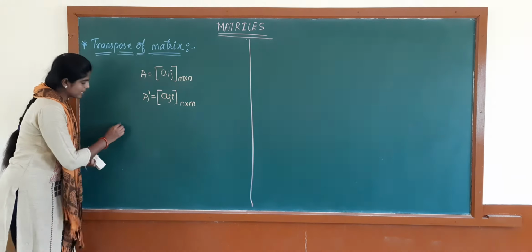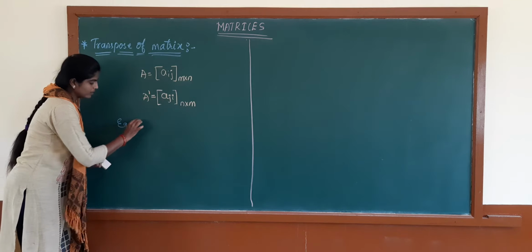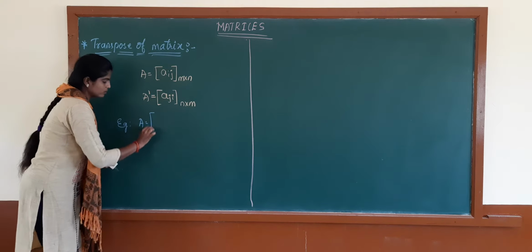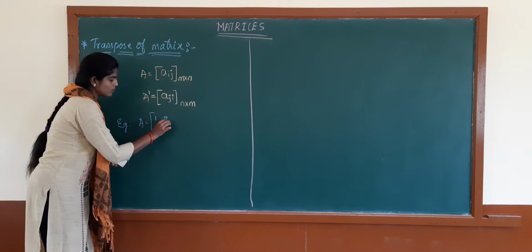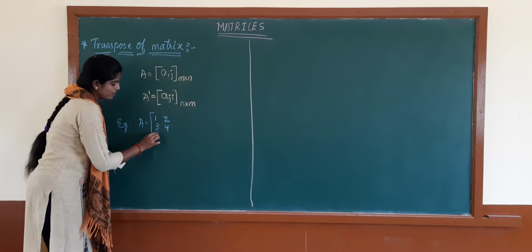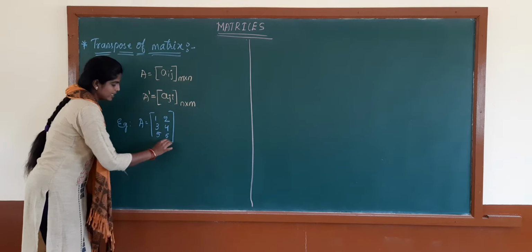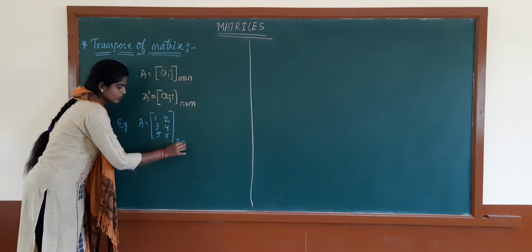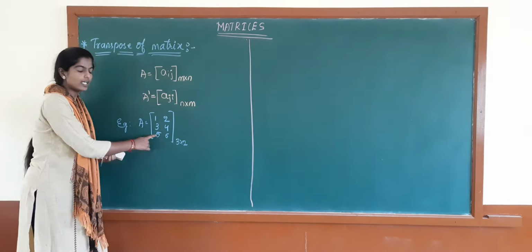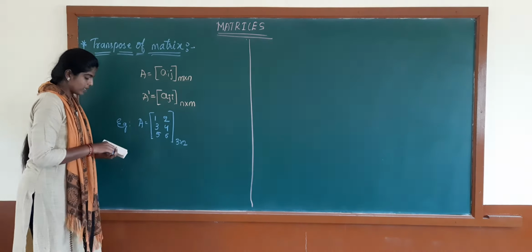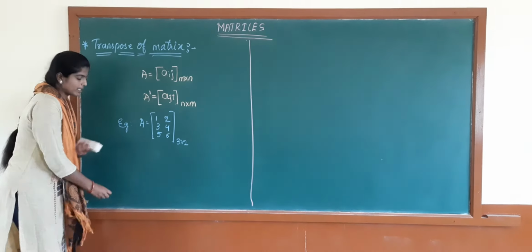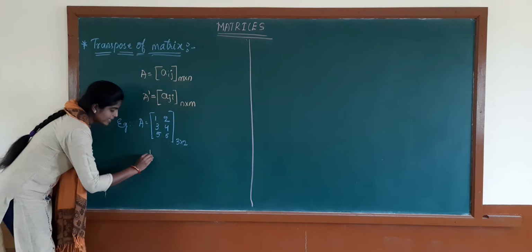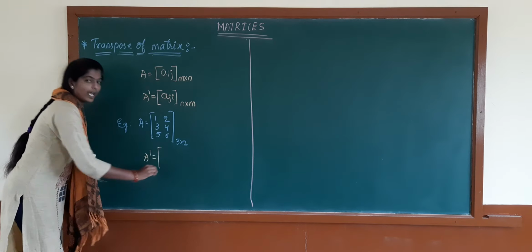If you take the example, A equal to 1, 2, 3, 4, 5, 6. It is a matrix of order 3 cross 2, because here the number of rows are 3 and number of columns are 2. Then the transpose of this matrix can be obtained by interchanging the rows and columns.